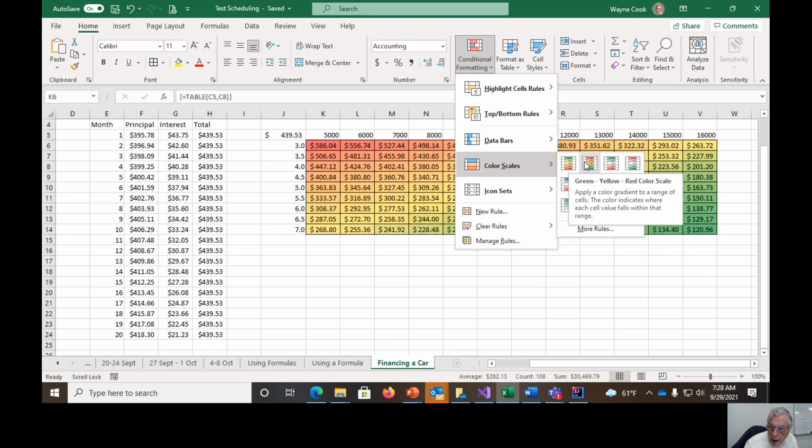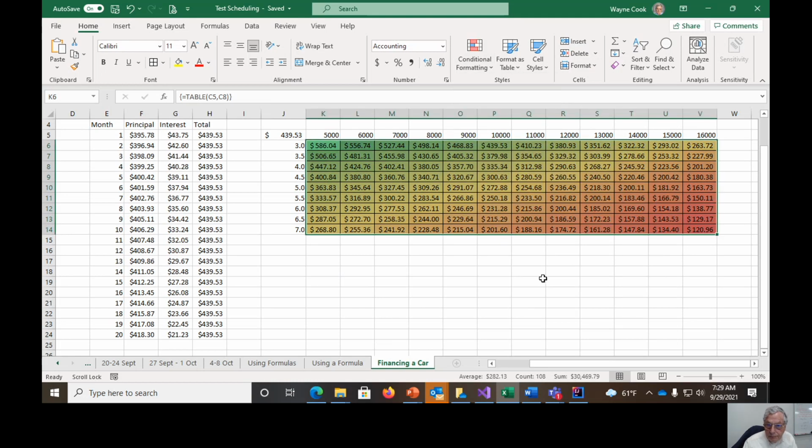And it depends on how I want to color scale it. Do I want to color scale it on the actual payments or on the reverse, because I know this would be the least amount of money that I have to pay? I'll just go with that. Then I can make it look nice and neat.